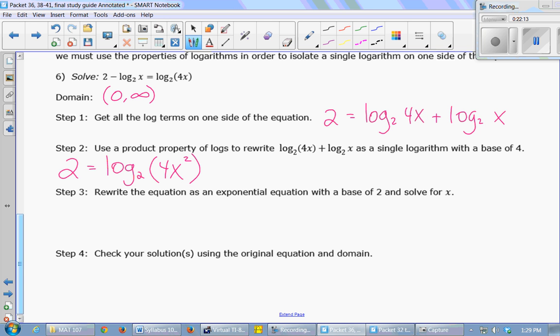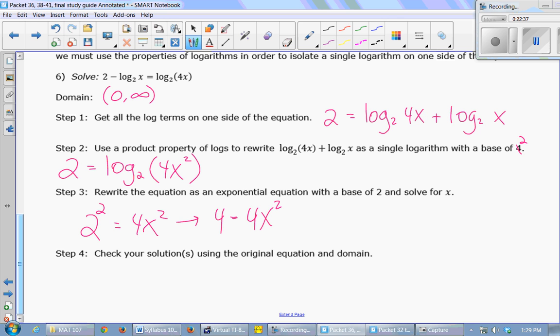So my base is 2. What's my exponent? 2. And that should equal 4x squared. And then I solve this equation. So 4 equals 4x squared.